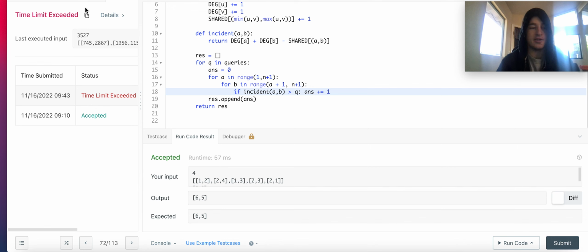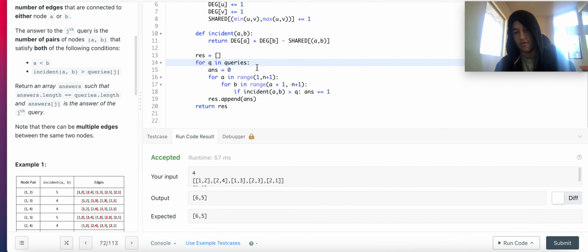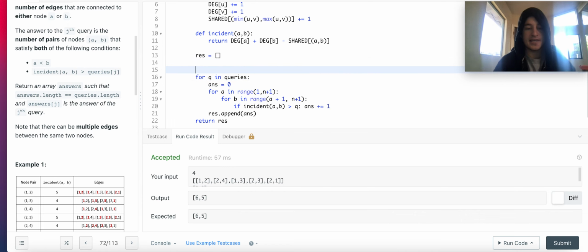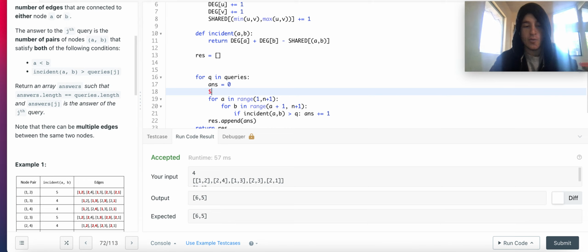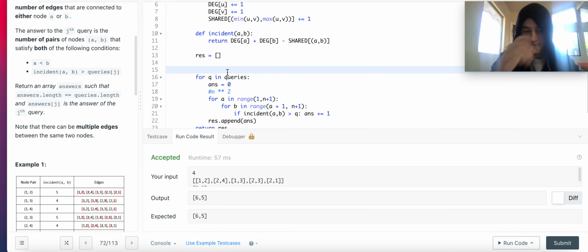So time limit exceeded. Why? Well, first, because there's obviously a more efficient solution, but this operation here, right? We have to look at each pair of vertices, so that takes n squared time. And then we have to do that for each query, where q is the number of queries.